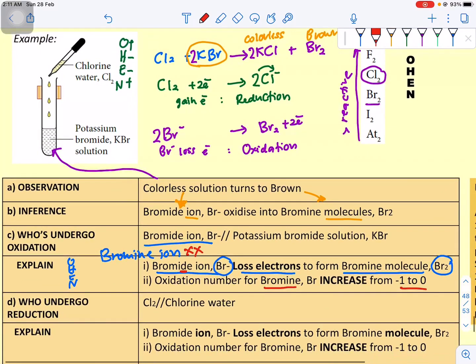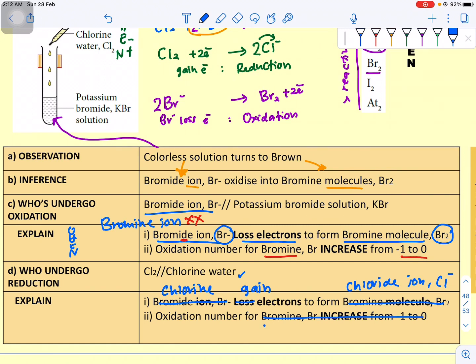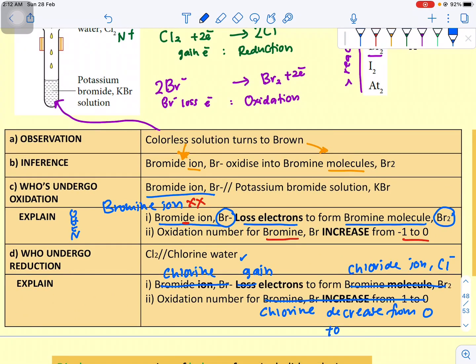Who undergo reduction? Just now we already identify it is chlorine water. Explain because chlorine gain electron to form chloride ion, Cl negative, or because oxidation number of chlorine decrease from 0 to -1.